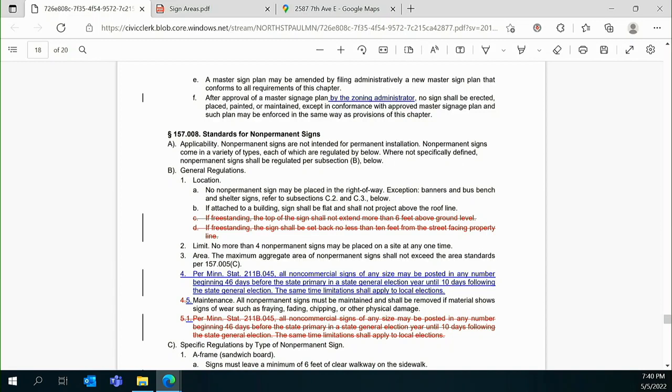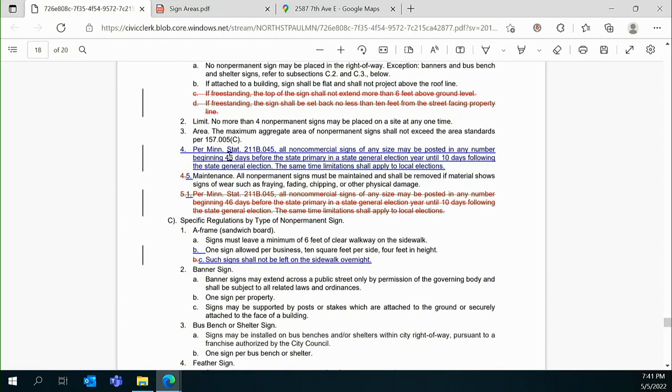I don't know why we'd make an exception for a ground-mounted one. Now, the 10-foot setback might allow a portion of it, because some setbacks are greater than 10 feet. But we've used the 10 feet pretty consistently for most items that are put on somebody's property, whether it's a car or other things.